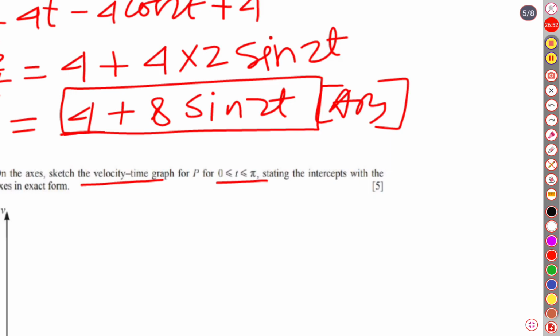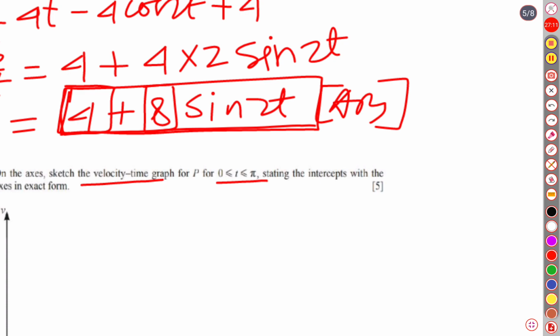This is a transformed function. Whenever a transformed function is given, first of all we will have to know the maximum value, minimum value, and the line of equation. So the line of equation is actually 4, and the amplitude is 8.